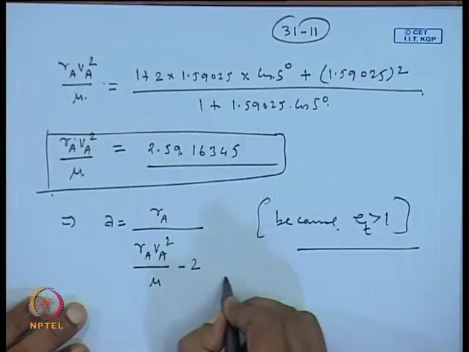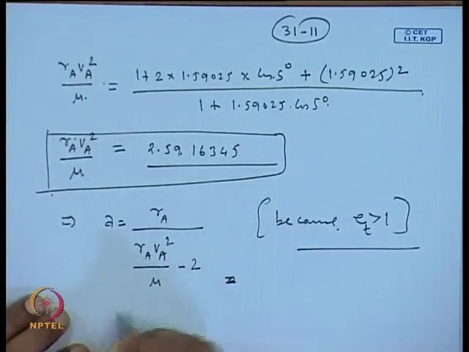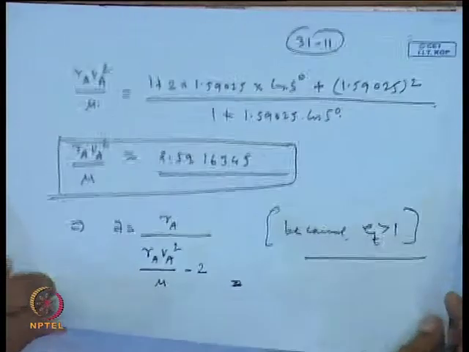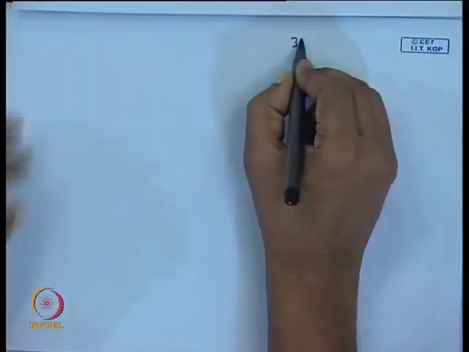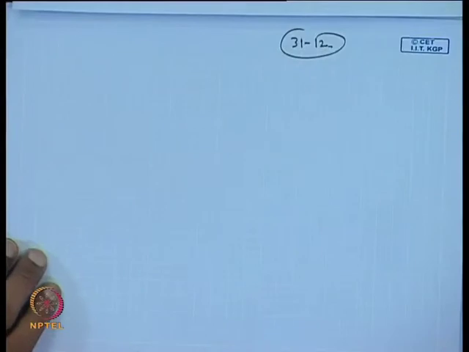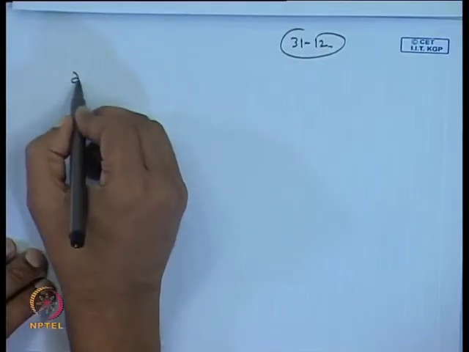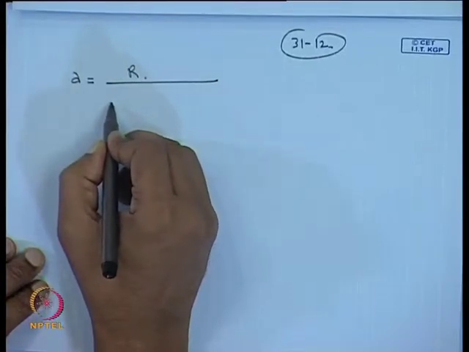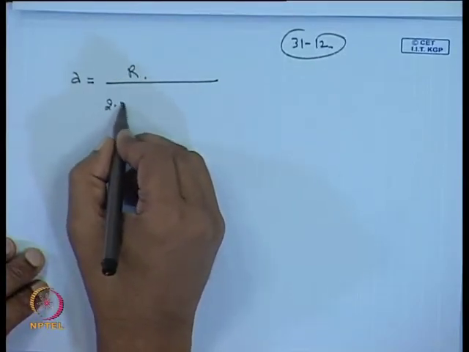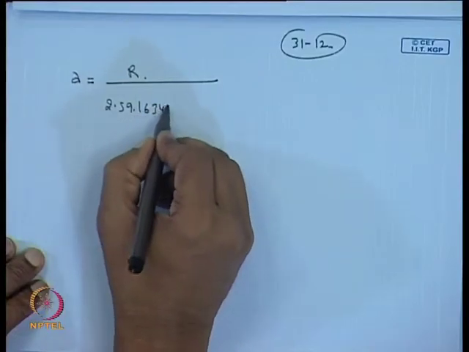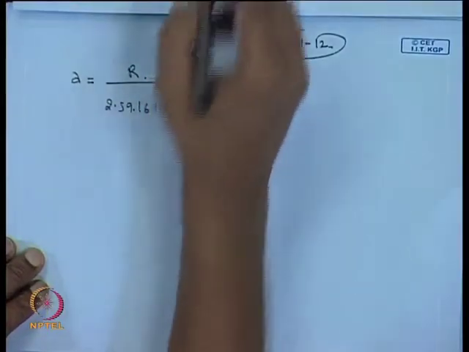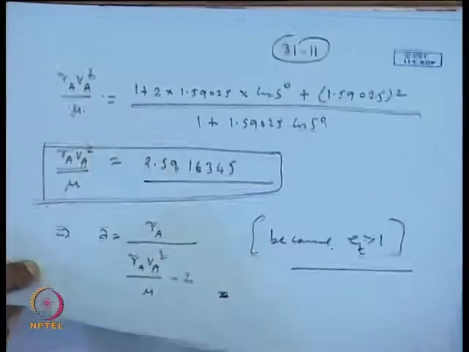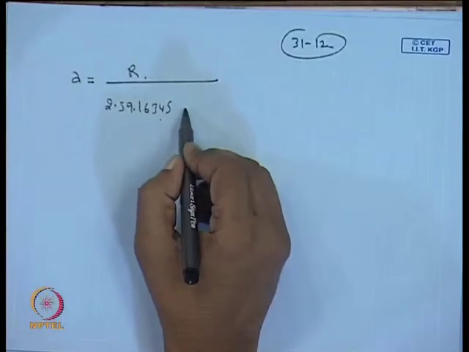R_A equal to R, and R_A V_A square by mu is 2.591635, this quantity we are copying here, minus 2.